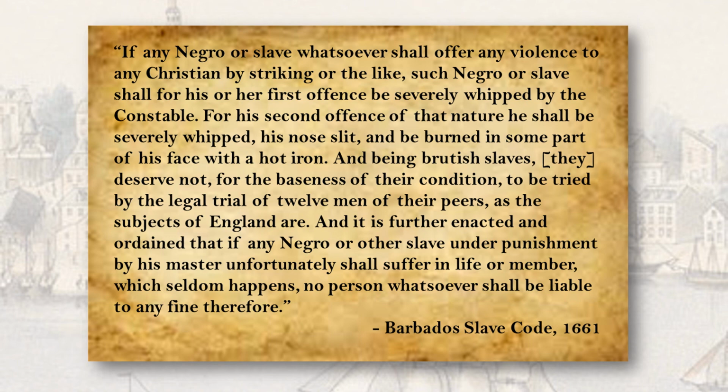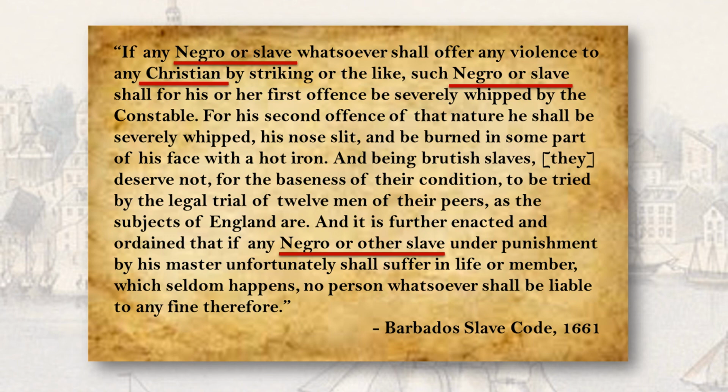So, Barbados slave code meant to control the enslaved population. Now, here are a few things I want you to take note of. First, look at how the enslaved are described. Three times within the document: Negro or slave, Negro or slave, and then at the bottom, Negro or other slave.